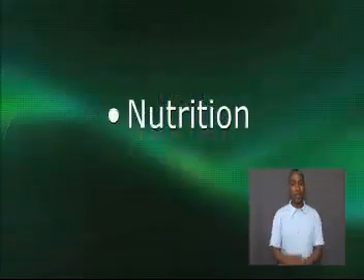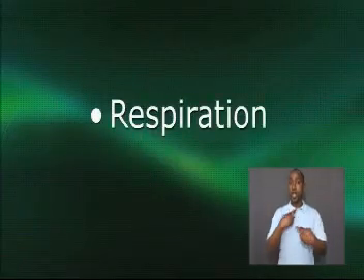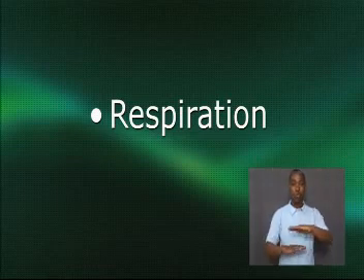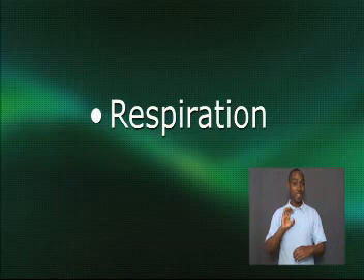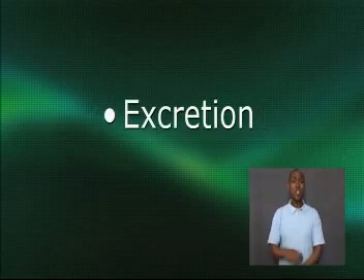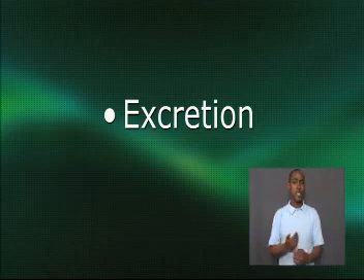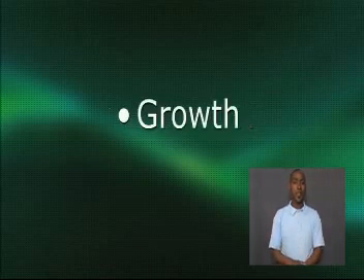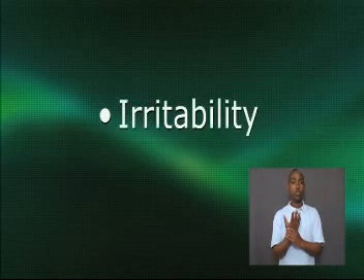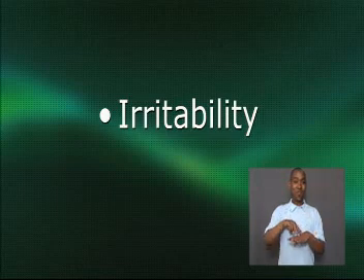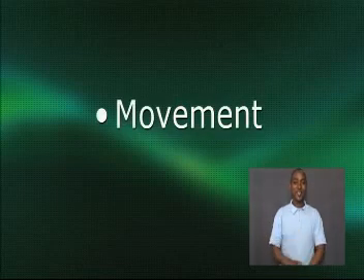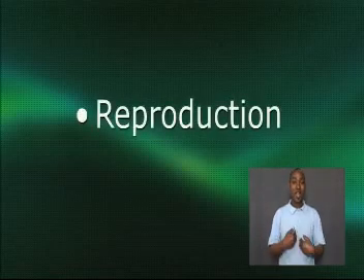They are nutrition, respiration, the process by which an organism gets the energy from its food, excretion, the removal of waste produced by cells, growth, irritability, the sensitive response an organism has to changes in its surroundings, movement, and reproduction. All plant and animal cells carry out these processes.